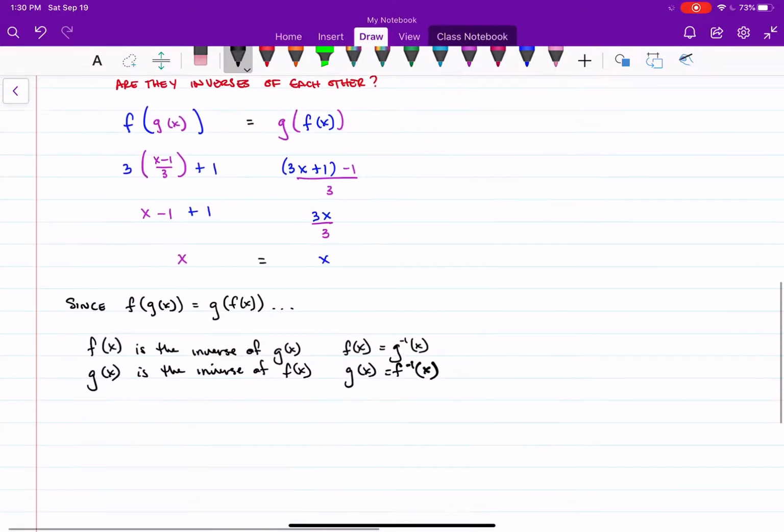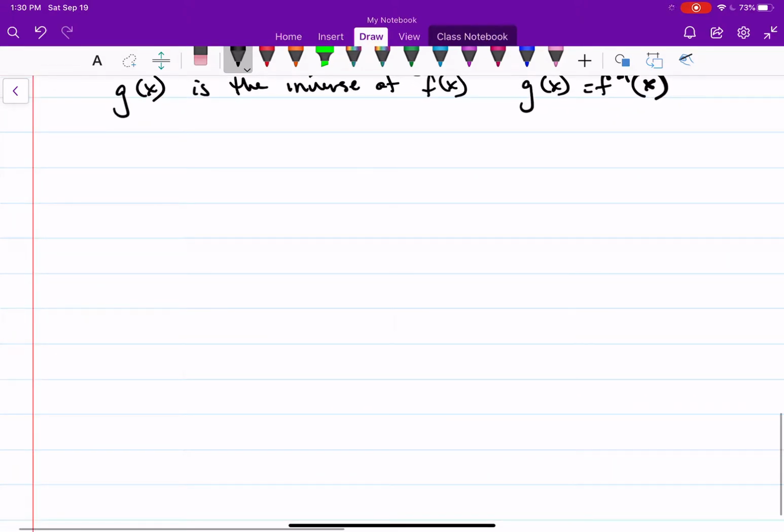And then they're going to talk about the one-to-one, which is someone brought up about the horizontal line test at some point.